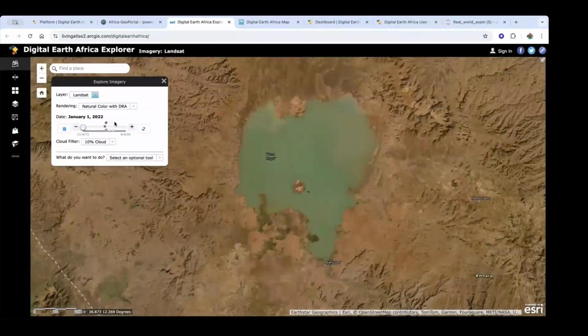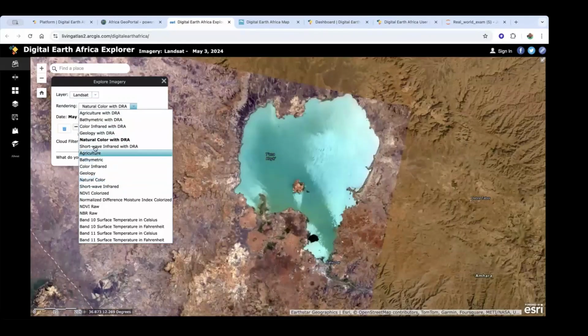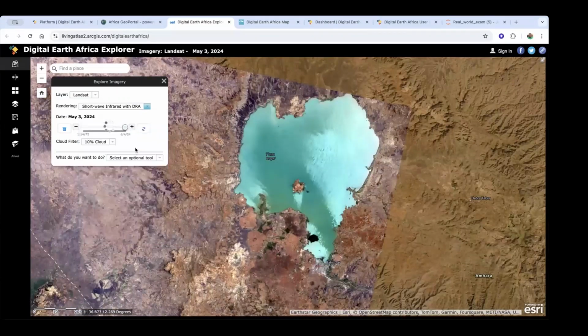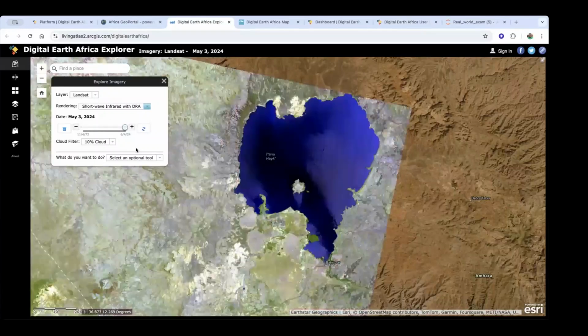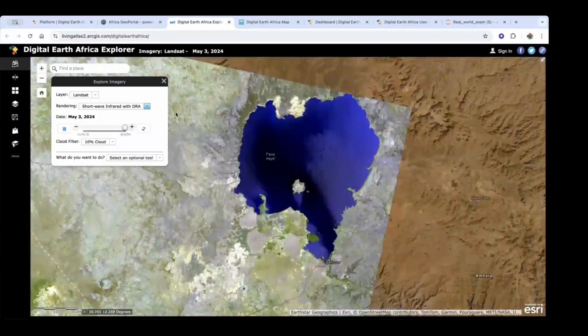And then you can also look at false colors as well, which will also be key to giving you some of the insights we've looked at so far. So there are many options, working closely with our partners to make sure we provide all the information that you require, and looking also for imagery that you may want for any area. It's available on our platform as well on the Explorer.